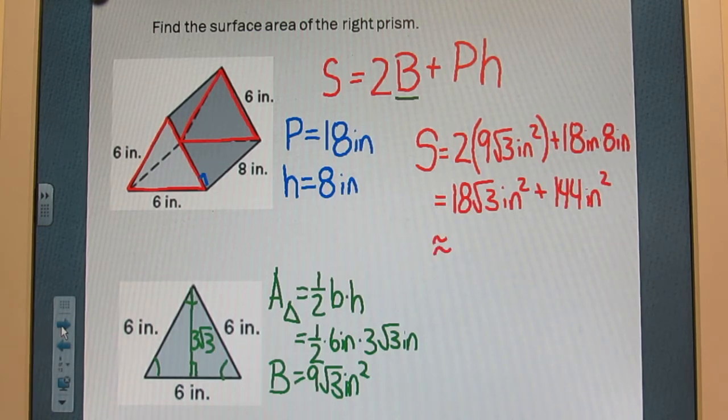And that's going to be approximately 175.2 inches squared for the surface area of this right prism.